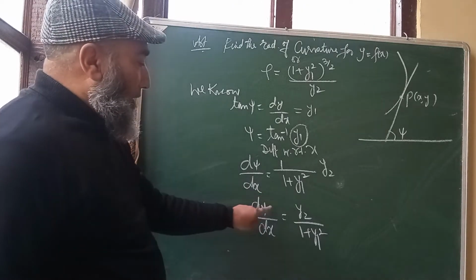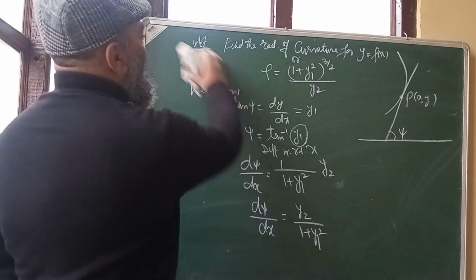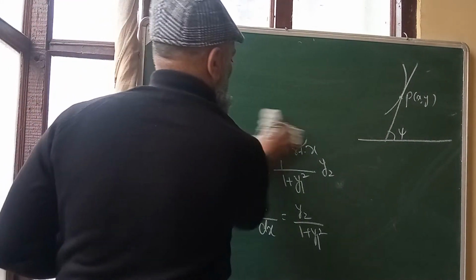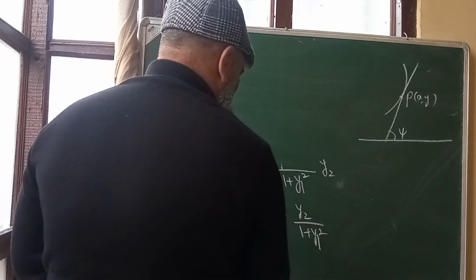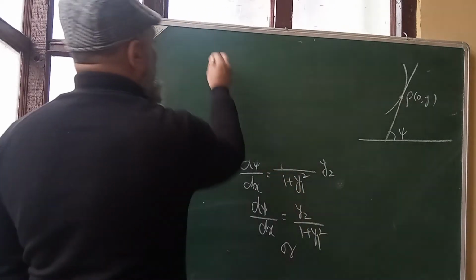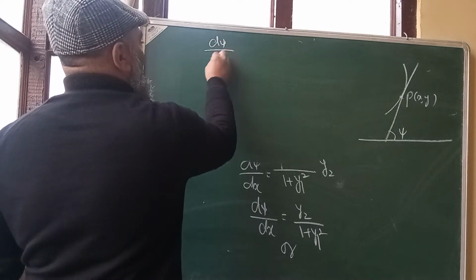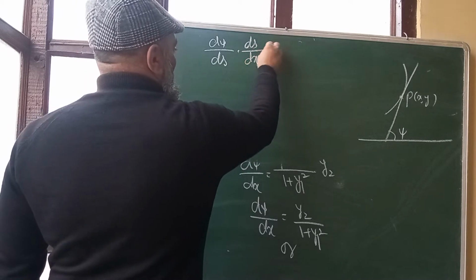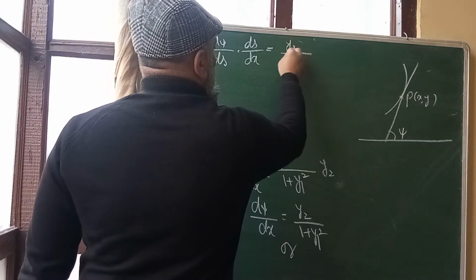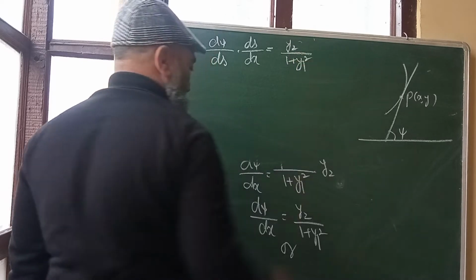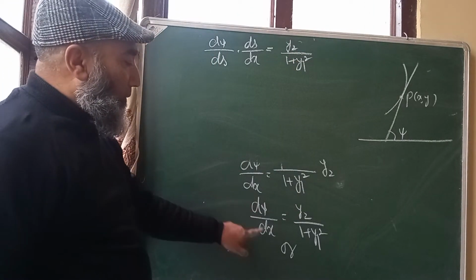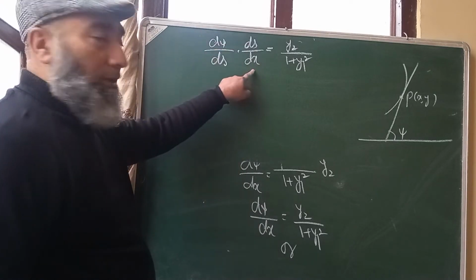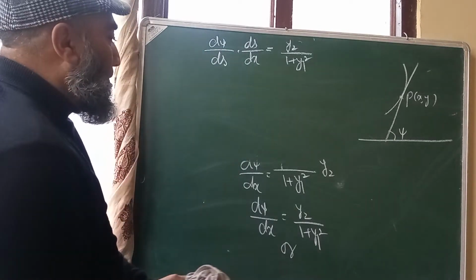Psi is there, I don't have s. So d psi by dx is d psi by ds times ds by dx, equal to y2 upon 1 plus y1 square, right? Instead of d psi by dx, I have written d psi by ds, ds by dx. This is the chain rule, you know already.